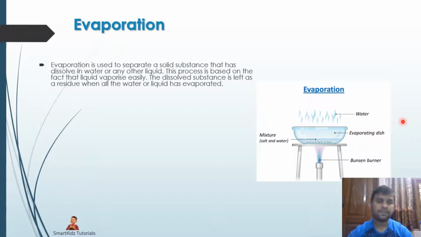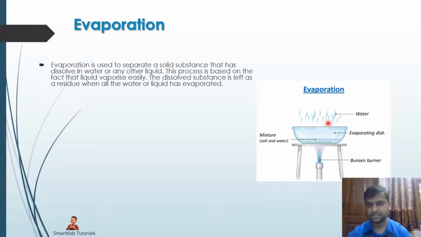Okay, now evaporation is used to separate a solid substance that is dissolved in water or any other liquid. Now, this process is based on the fact that liquid vaporizes easily. Here the solid is dissolved in water, or any other liquid, depending on the type of solid that you are looking to separate from the mixture. It depends on the vaporization process. That is, the liquid is vaporized, leaving behind the solid as a residue.